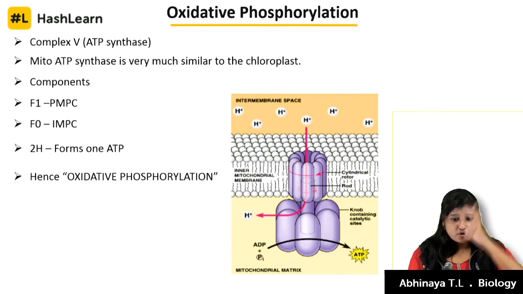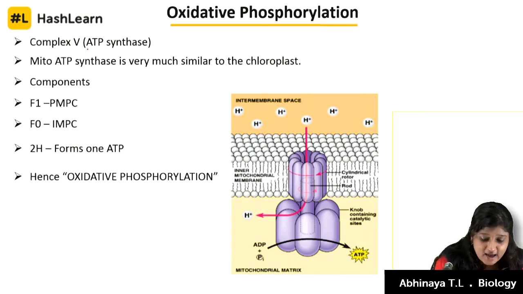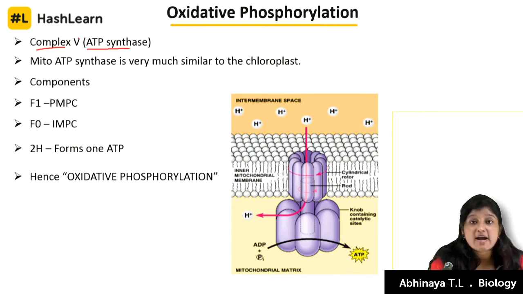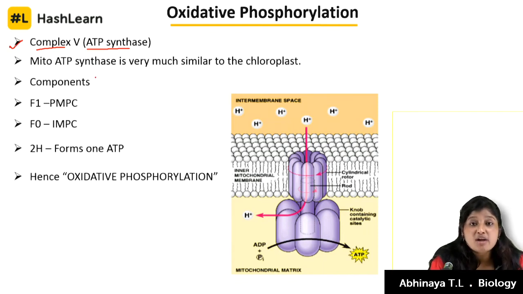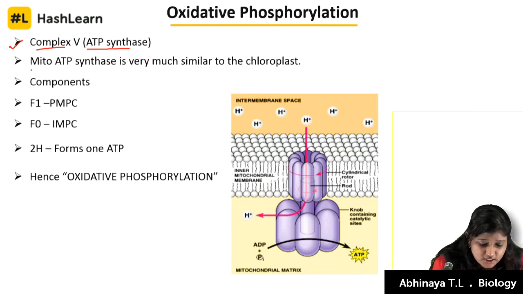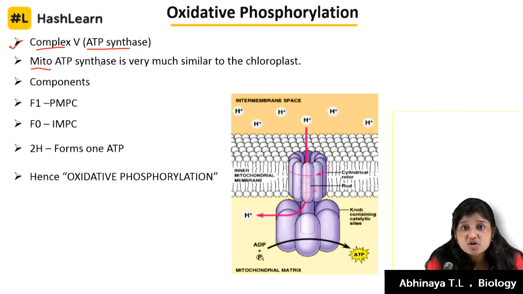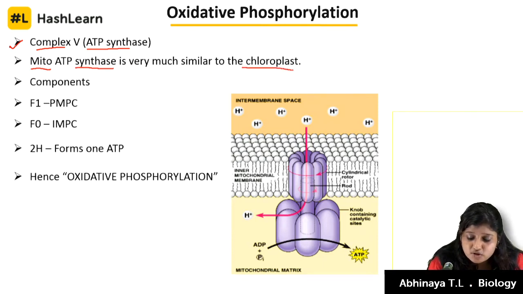All these protons which got released out are going to enter our beautiful ATP synthase. I have put down the points to help you out. Keep a keen note on all these points as we discuss. Complex 5 is ATP synthase, kids. It happens inside mitochondria. Mitochondrial ATP synthase is very much similar to that of chloroplast.